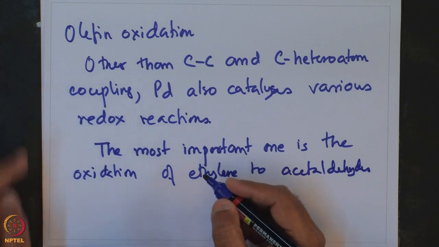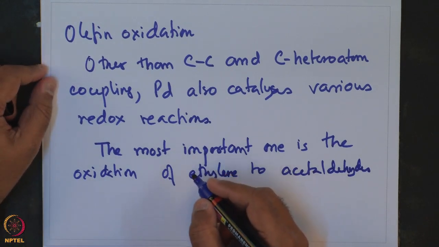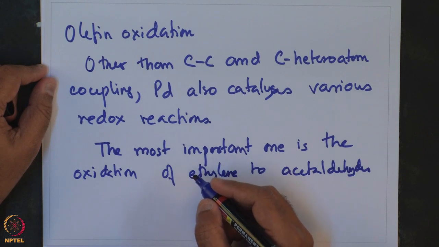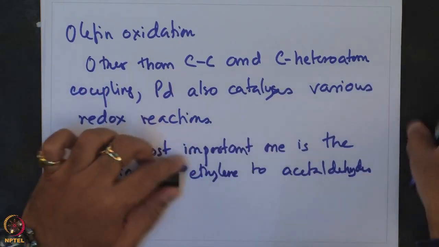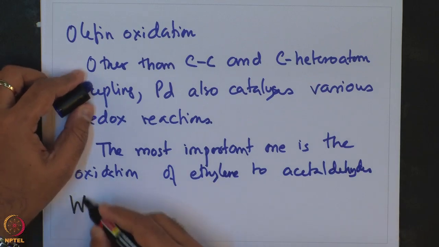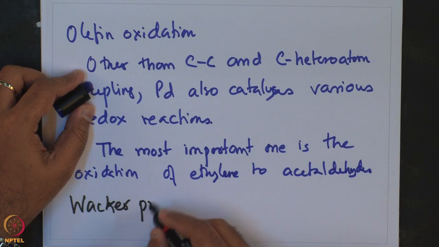And this is popularly known as the Wacker process, and it was one of the first homogeneous catalysis with organopalladium chemistry to be successfully applied on an industrial scale. So, this is popularly known as the Wacker process.